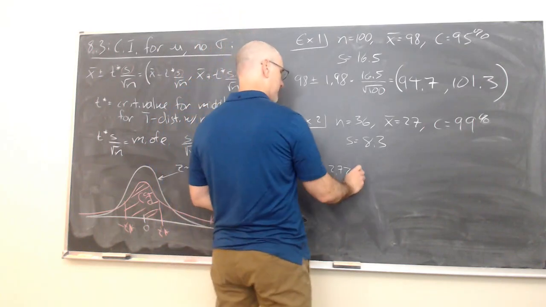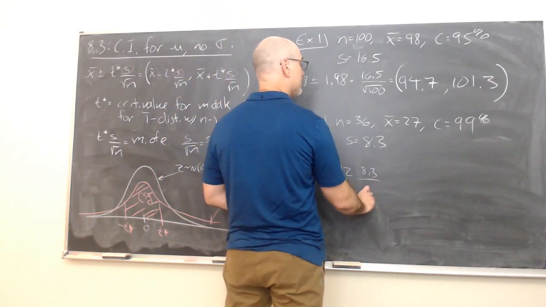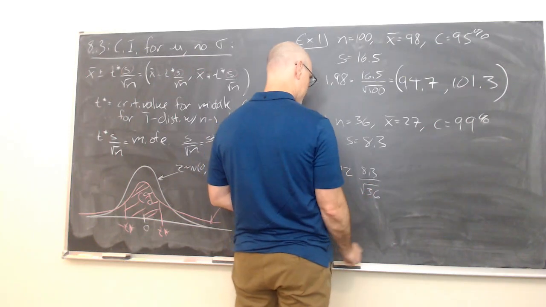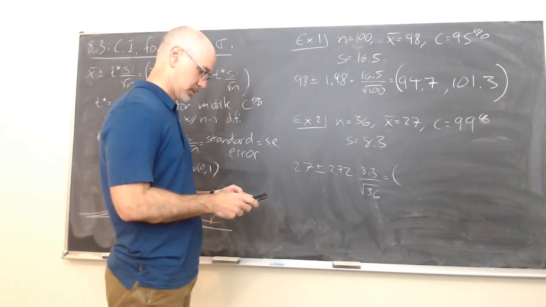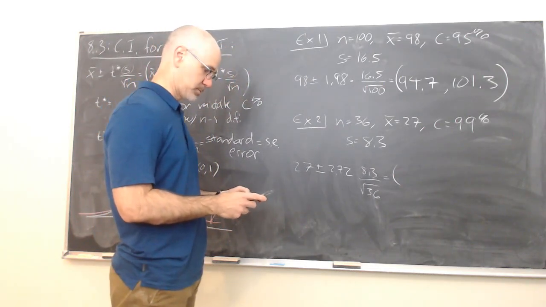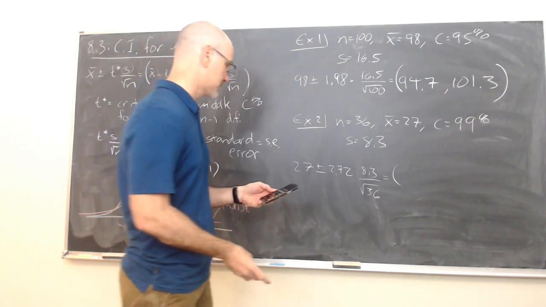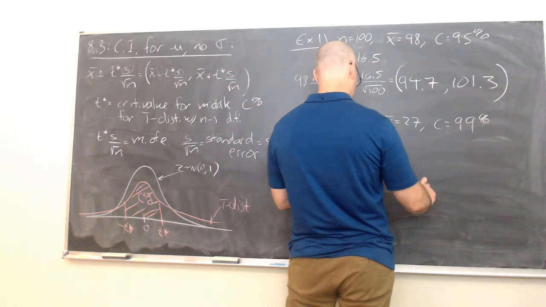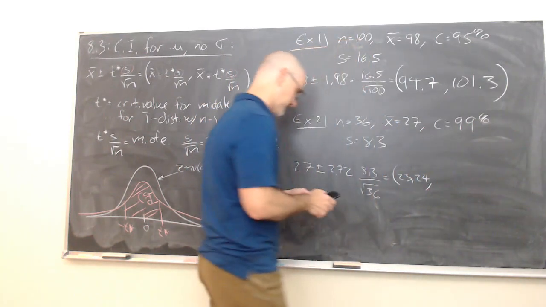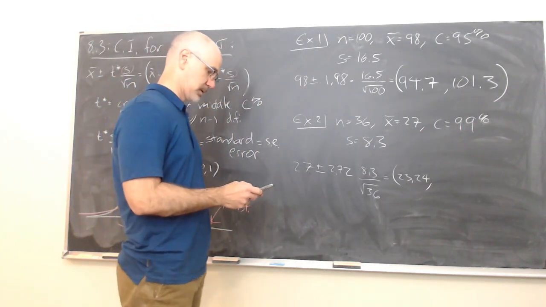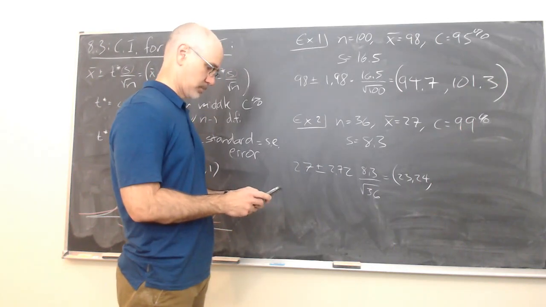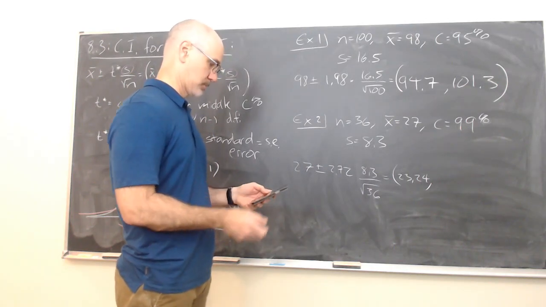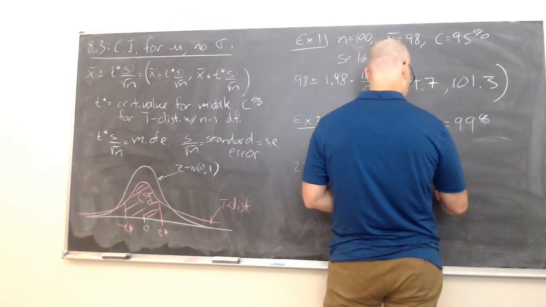Multiply by sample standard deviation, 8.3, over the square root of the sample size, which is 36. And let me just finish this up. 27 minus 2.72 times 8.3 divided by 6 gets me 23.24. And the right-hand endpoint is 30.76.